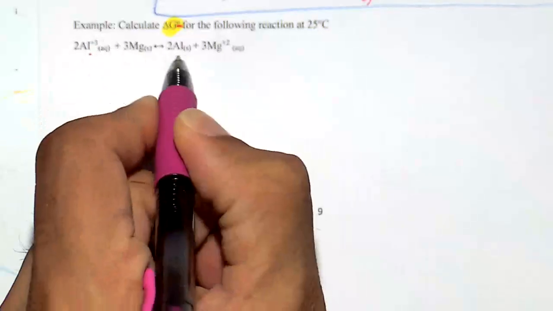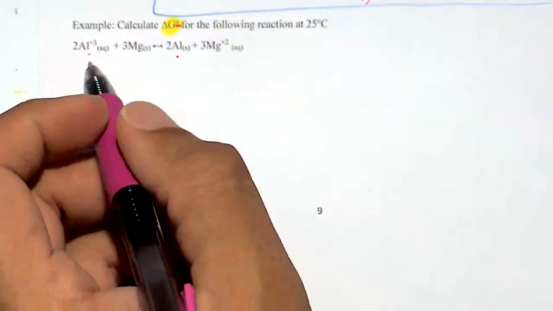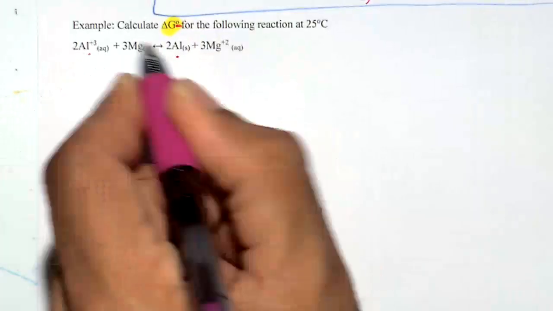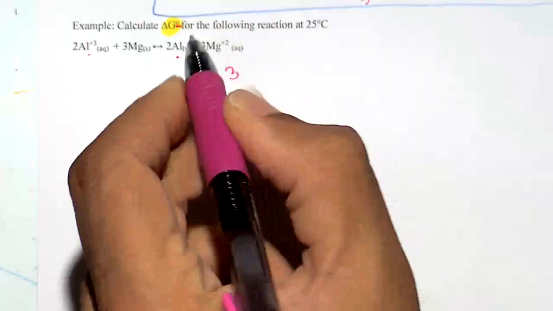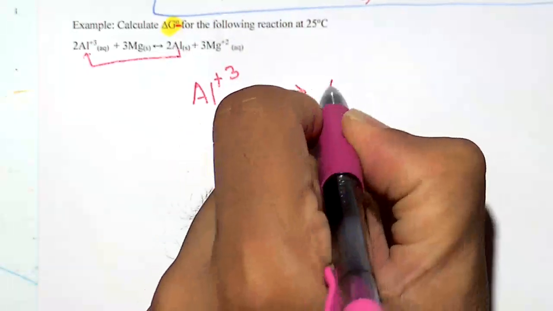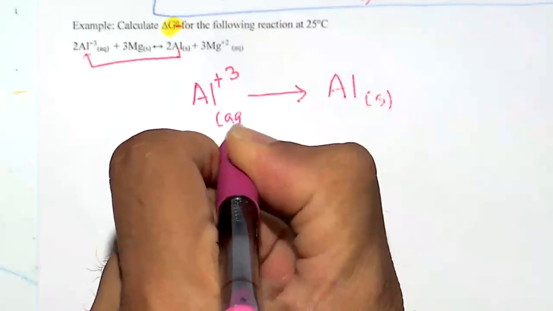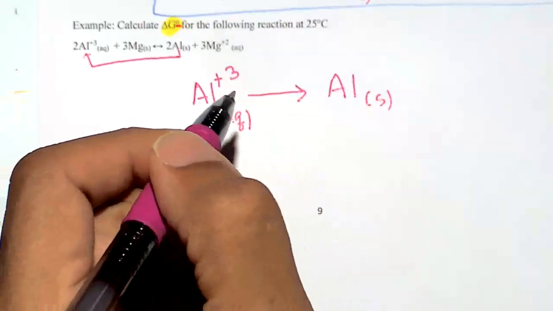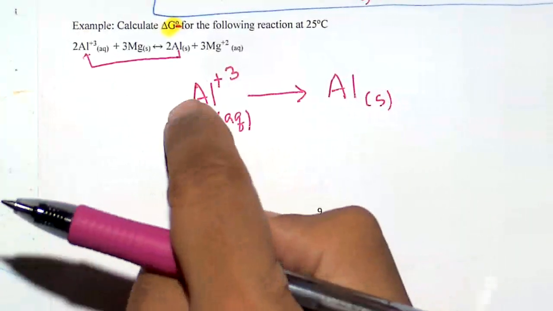All right, so we have here aluminum plus 3 going to Al. So remember, the first thing we want to do is we want to split this reaction into its component parts. So let's forget the 2 for a moment. I'm going to just have Al plus 3, we'll have it in pink here, go to Al. Okay. So the question to you guys is, how many electrons and where should we put it to balance this out?